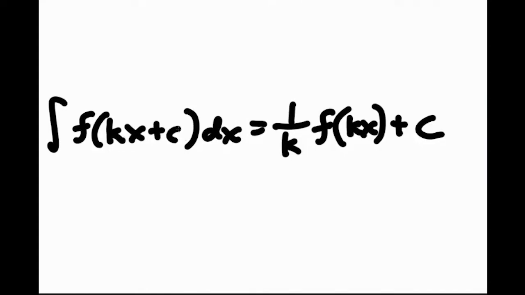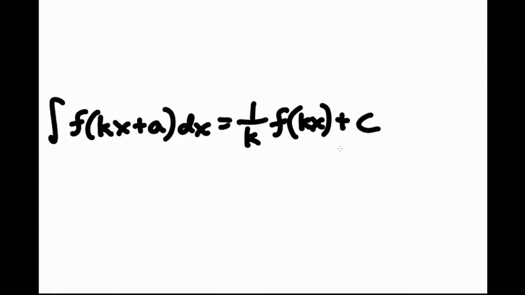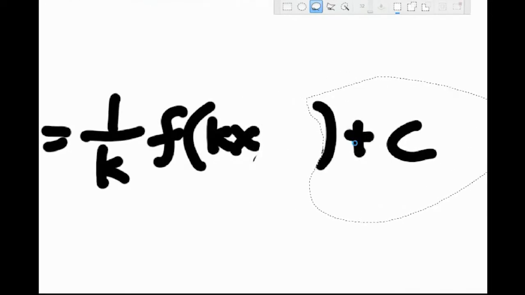I'll just do a, okay? Because it's still technically linear. Kx plus a is still linear. The derivative of that a would go away anyway. So this is going to have to be kx plus a as well. Usually it's not written with the plus a in there, but trust me, you can do it that way.